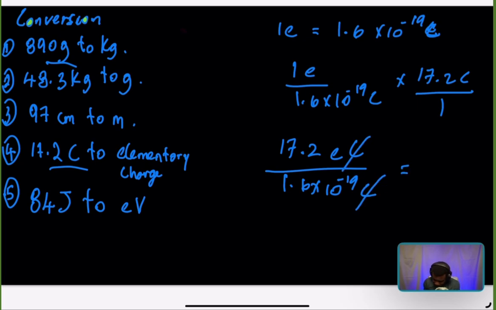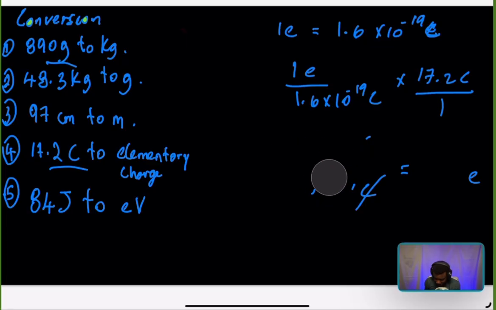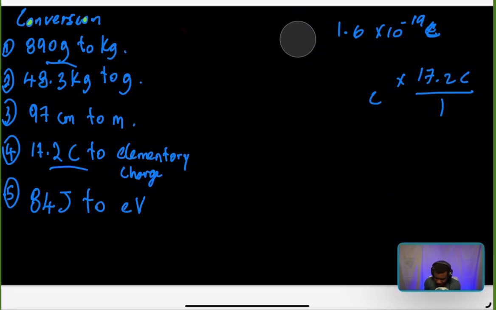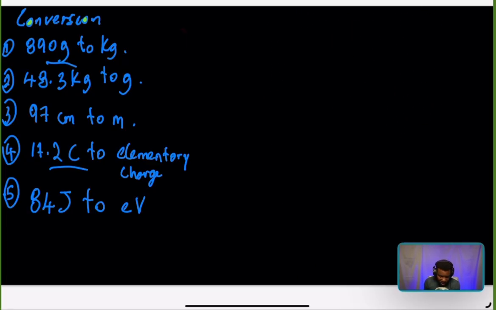Then the rest of it is just the work of your calculator, to divide 17.2 by 1.6 times 10 to the negative 19, and you should get your answer in elementary charges. So it's a very simple concept. You can punch it in the calculator and you should get your answer. Now let us look at the last one, then we're going to move on to the final topic for today.